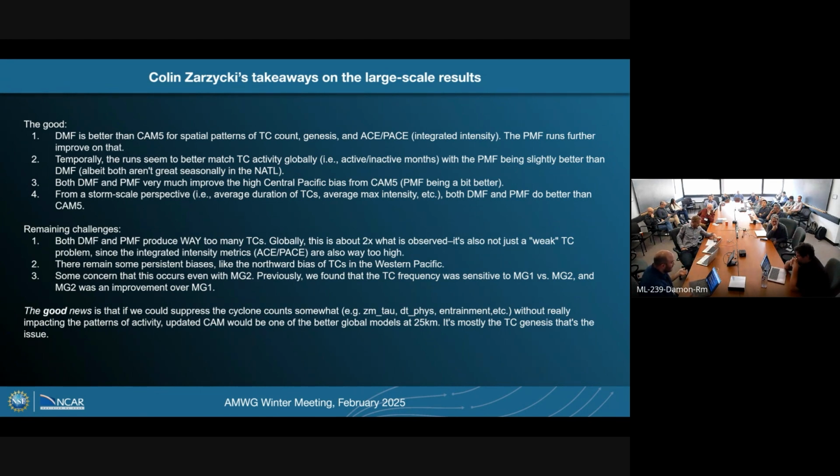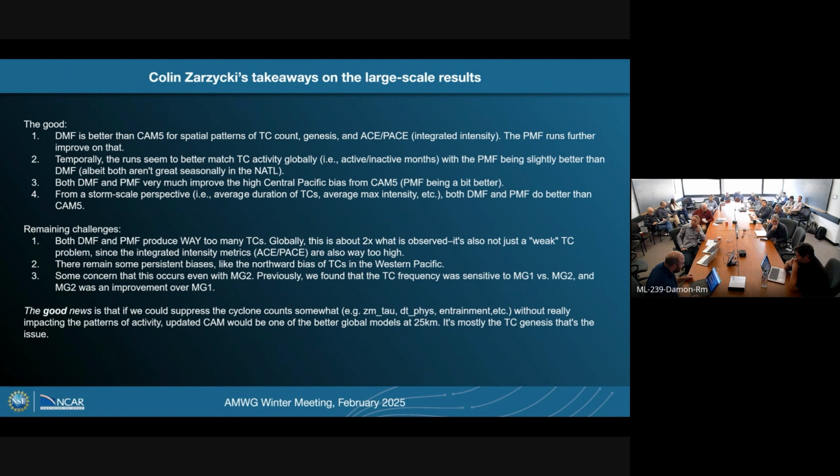So for example, we actually beat CAM5 in some ways with our new code, whether we're using diagnostic or prognostic momentum fluxes. So the accumulated cyclone energy looks better than CAM5 in some ways.